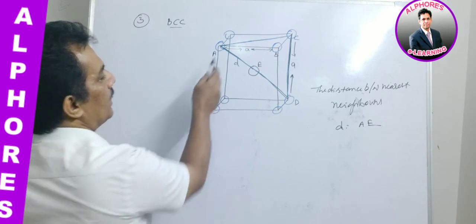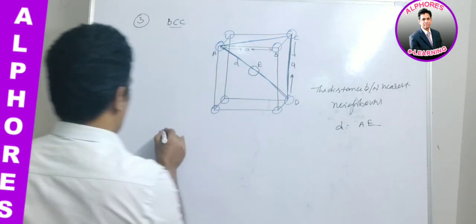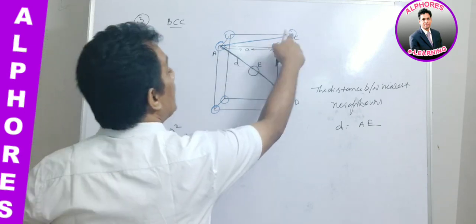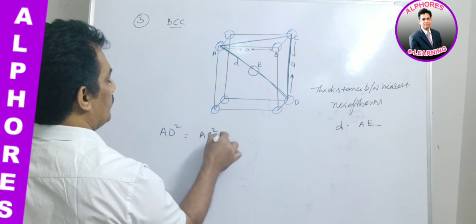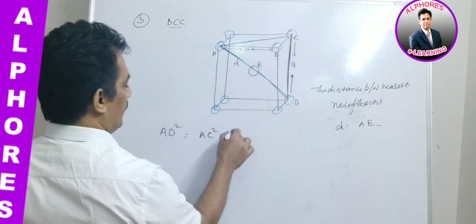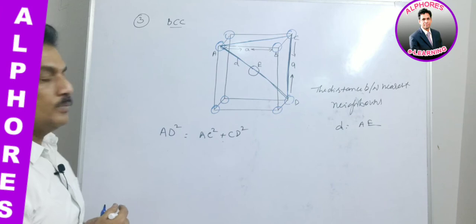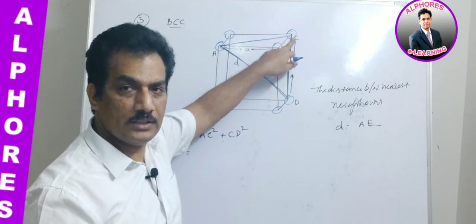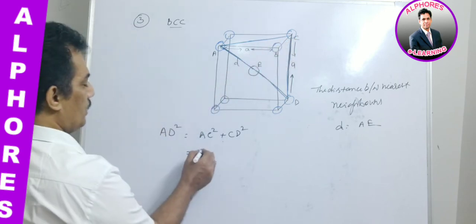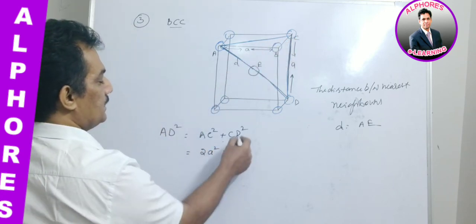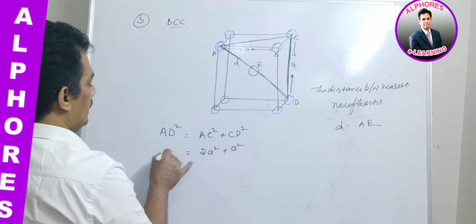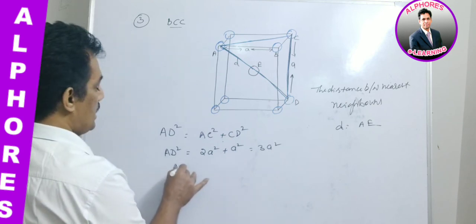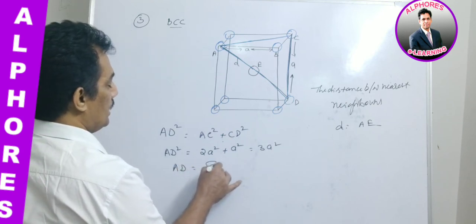And now in this one, AD square is equal to AC square plus CD square. Already we know, previous case, AC square is nothing but 2A square, is it not? So it is 2A square plus A square, that is AD square is equal to 3A square, or AD is equal to root 3A.